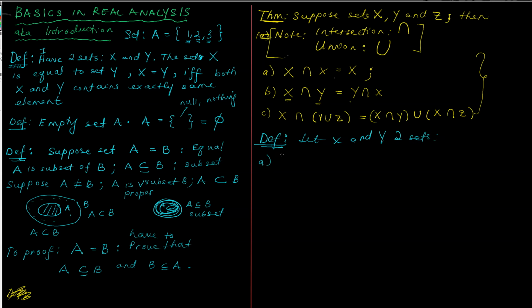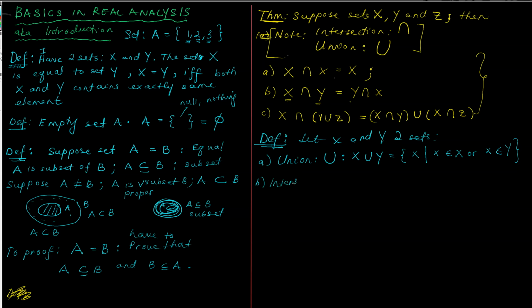Then I will say that a union is denoted by a symbol that looks like U. The set is defined like this: X union Y can be written in set notation as all x such that x is in X or x is in Y. So it's the set of all elements belonging to either X or Y. That's the meaning of union.